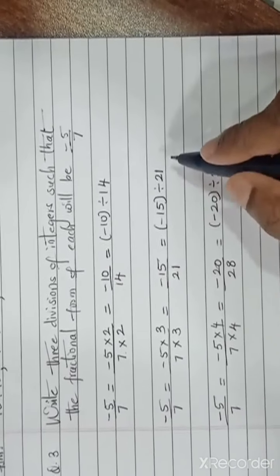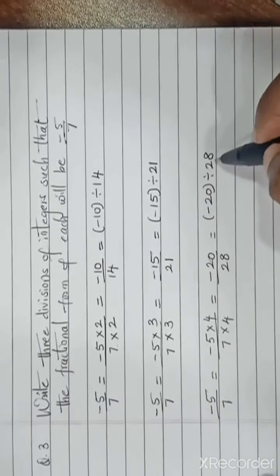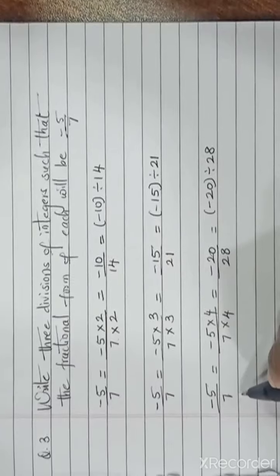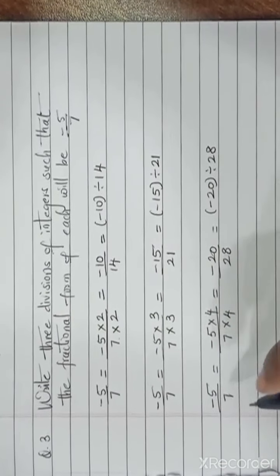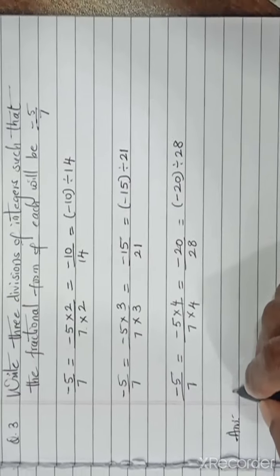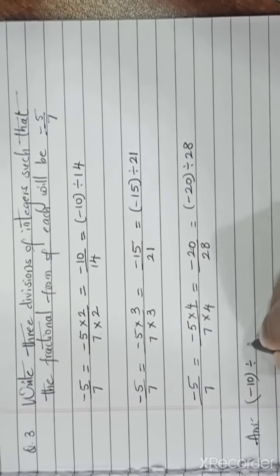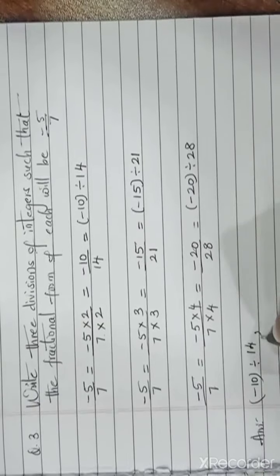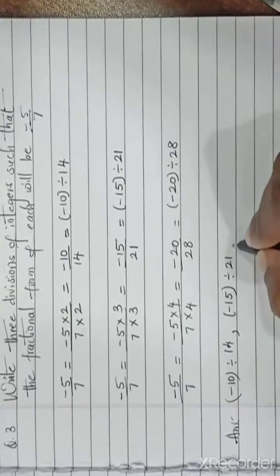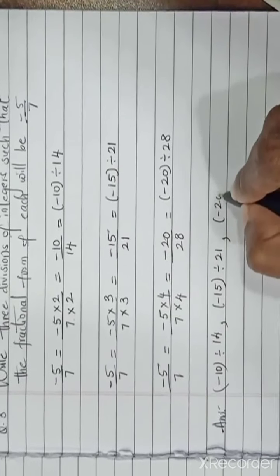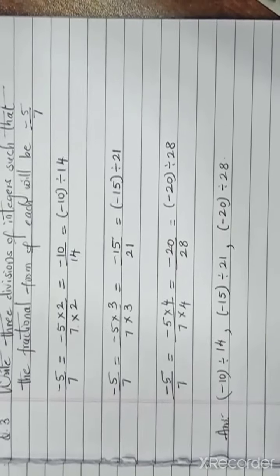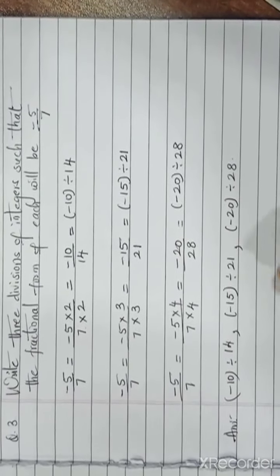So 3 divisions of integers we got which have an equal value of minus 5 upon 7, that is fraction form. Okay, so now I'll put up the answer, that is minus 10 divided by 14, minus 15 divided by 21, minus 20 divided by 28. So like this we have done with question number 3.